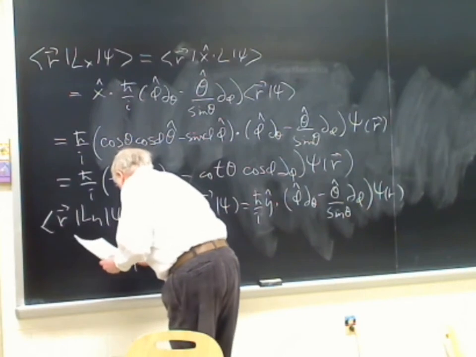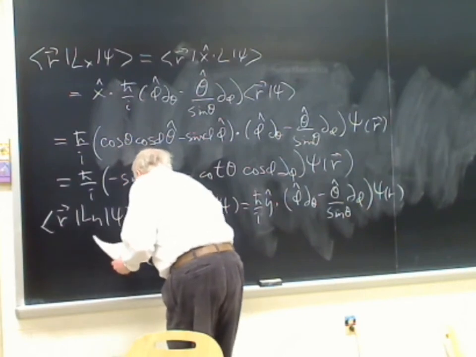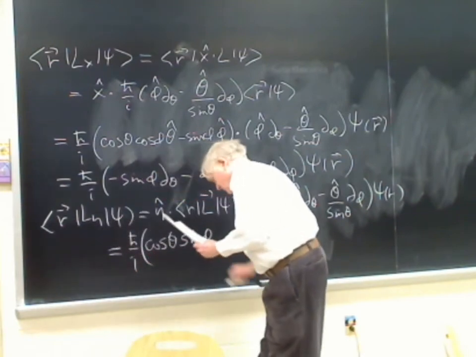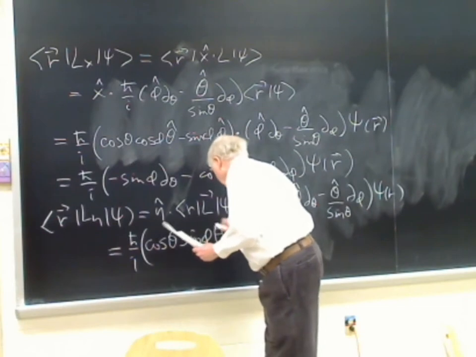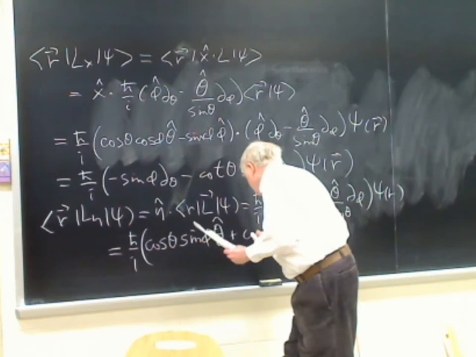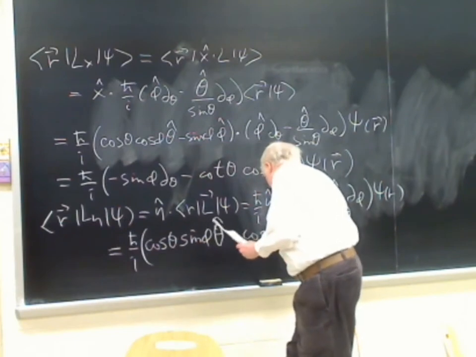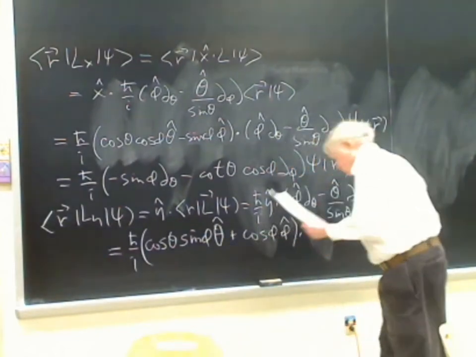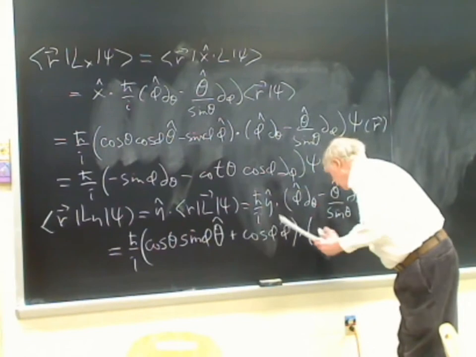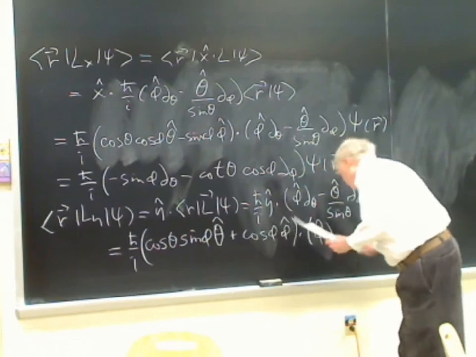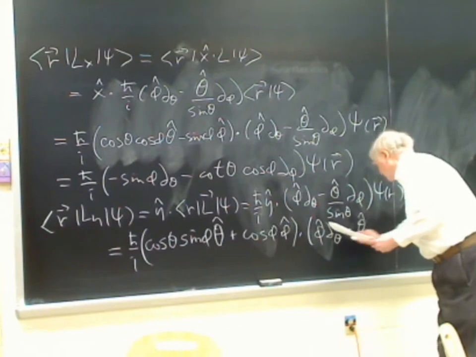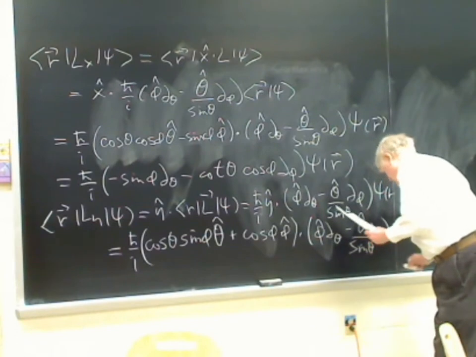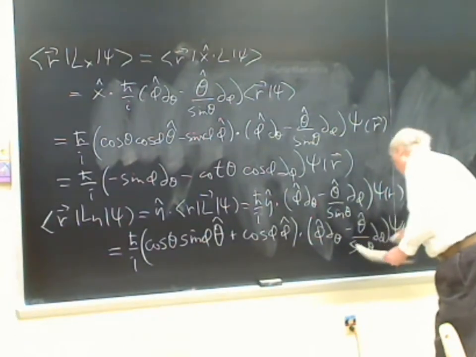And that gives us h bar over i, cosine theta sine phi theta hat plus cosine phi phi hat. It's very hard to write with this chalk when it's too low. And then just phi hat d theta minus theta hat over sine theta d phi, again on this, just call it psi of r.